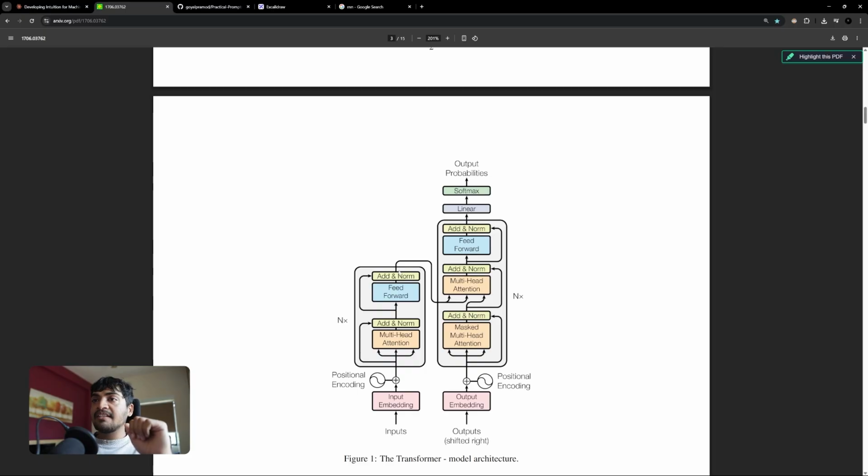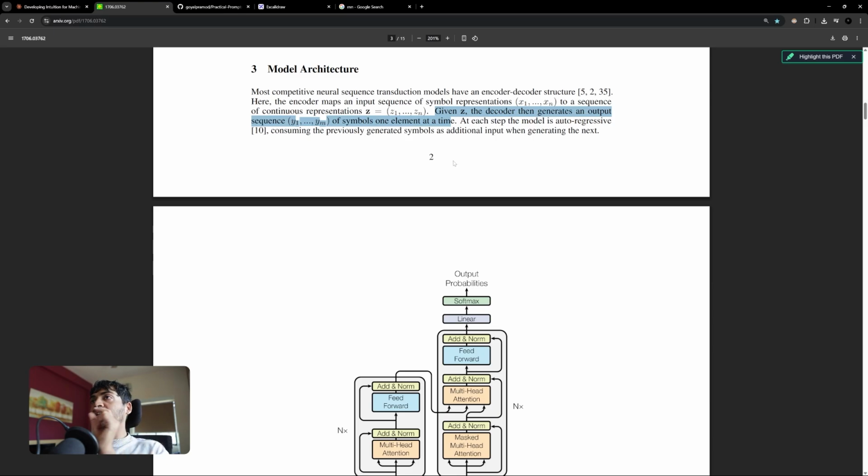So now let's say this is English and we want to translate it to French. So it takes my name is Pramod, translates it into a machine language that it understands, Z, gives it to the decoder, and the decoder one by one outputs Je, m'appelle, Pramod. So one token at a time, one word after each other.